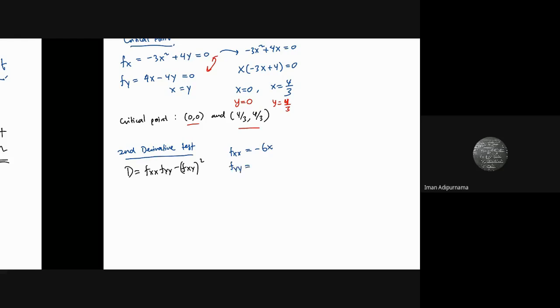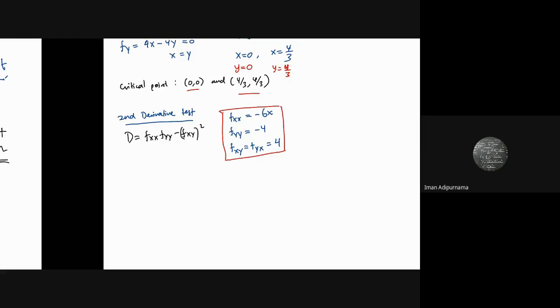Partial y will be -4. And then partial xy or partial yx will be the same, right? It will be 4. Okay, we have this, and we are using it for finding the determinant.